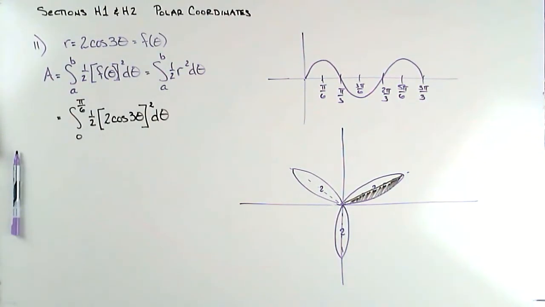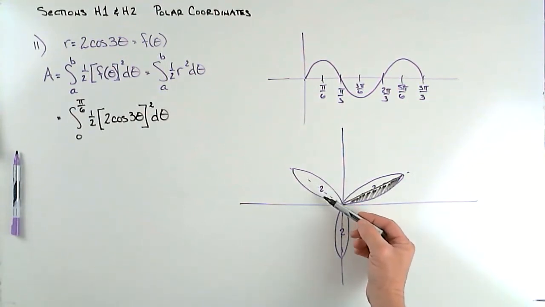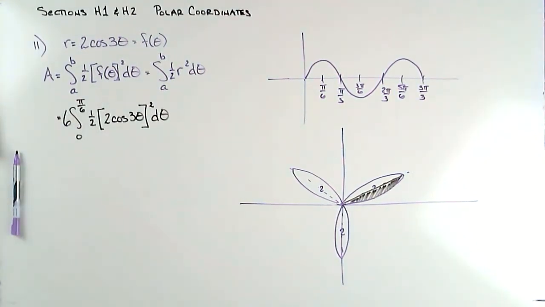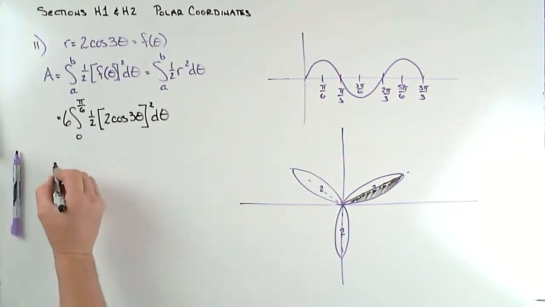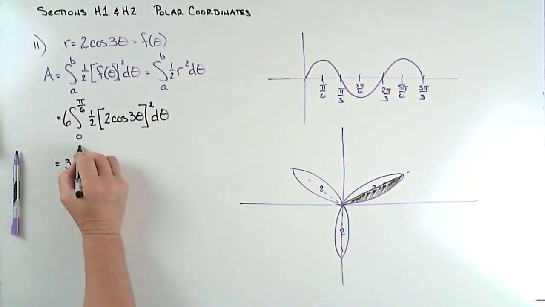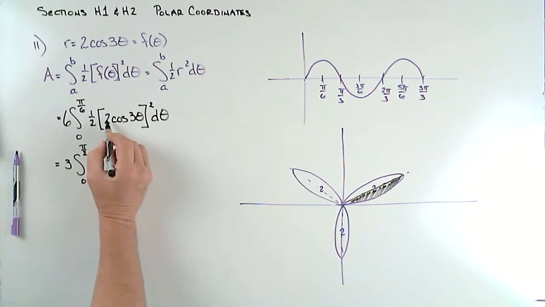We can find that. And then just since it's reproduced due to symmetry, not just once, twice, 3 times, 4 times, 5 times, 6 times, we could just multiply this by 6. Now, when we bring the half out, that would give us 3 times the integral from 0 to pi over 6. And here we would have 4, right? We're going to square this.